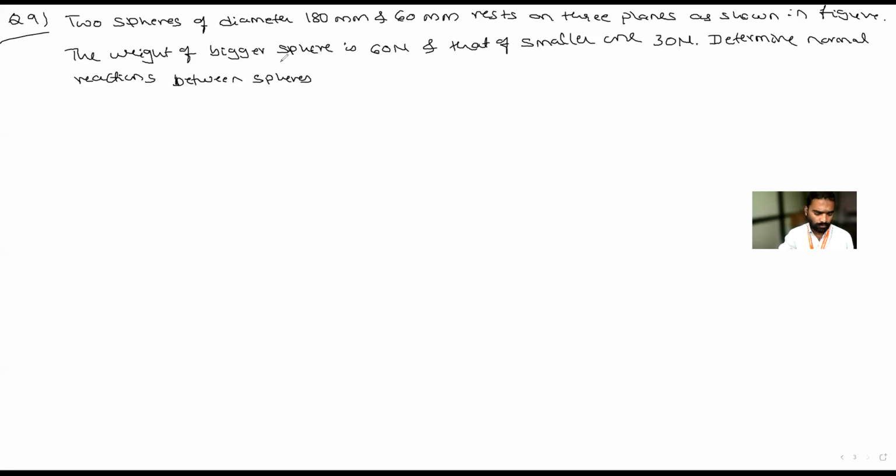Okay. So the figure is given in the problem. You have to find the normal reaction.